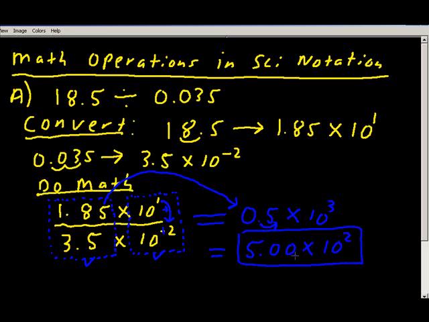And that becomes your answer. So you're given 18.5 divided by 0.035. So what we do is we set it up as a ratio, divide into two parts, 1.85 times 10 to the first divided by 3.5 times 10 to the minus second. And you divide these two as separate entities, and there you go.